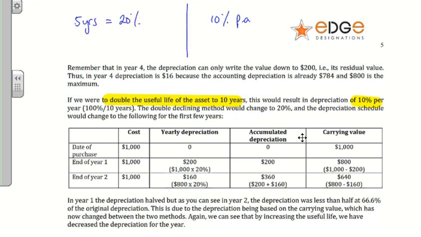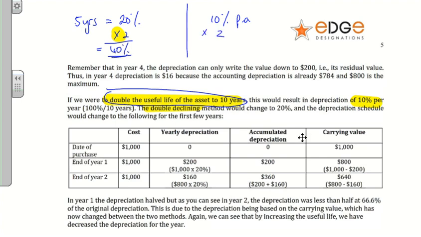But remember, what's this method called? It's called the double declining method. So remember, in the previous example, I went 20% times 2, and that's why, if you remember that example, I depreciated by 40%. If I now change the useful life of the asset to 10 years, that under normal circumstances would be 10% per annum.